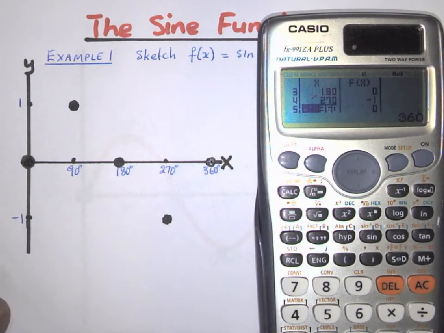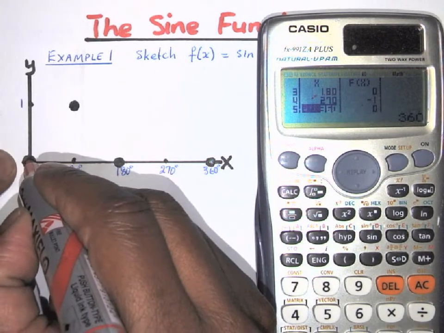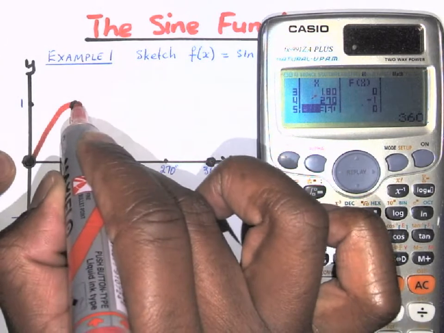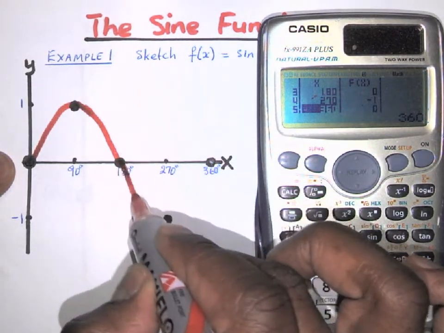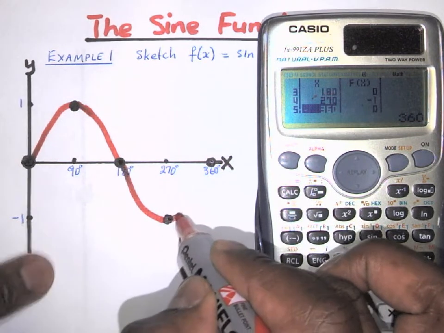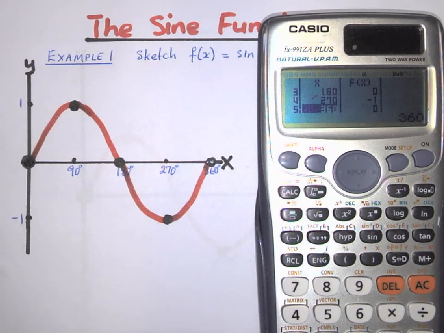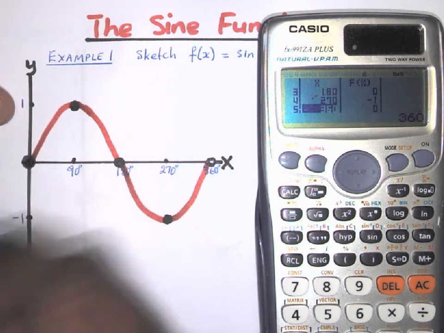If I join these points freehand, not using a ruler, it forms something like a wave. So this is a complete graph. You must always give the coordinates of the points that you use.